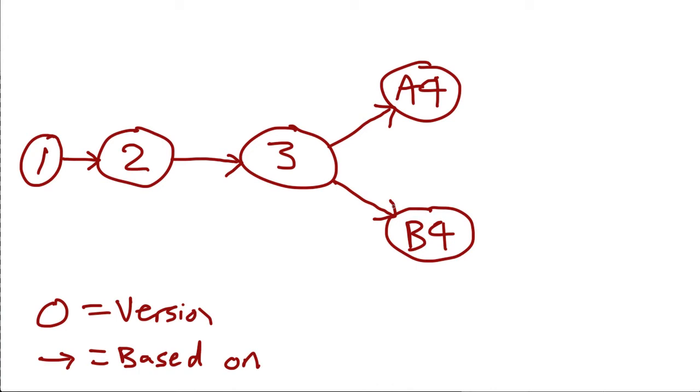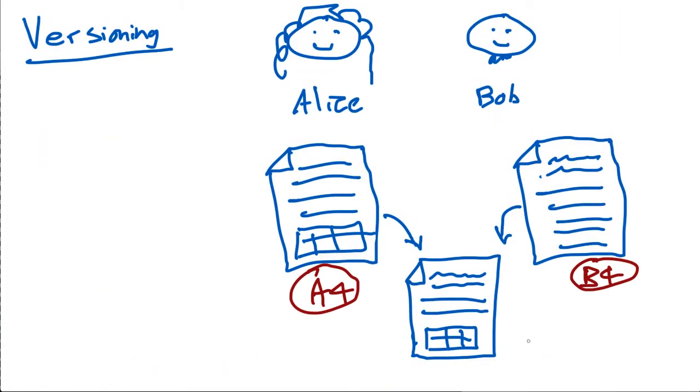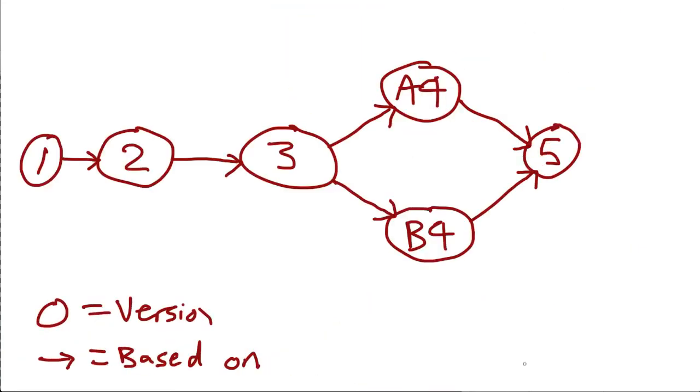And what we want to get is the final version, which we're going to call version 5, which is based on A4 and B4, which means that it incorporates the changes that were made in both versions. So this is the final one that we want to end up with.